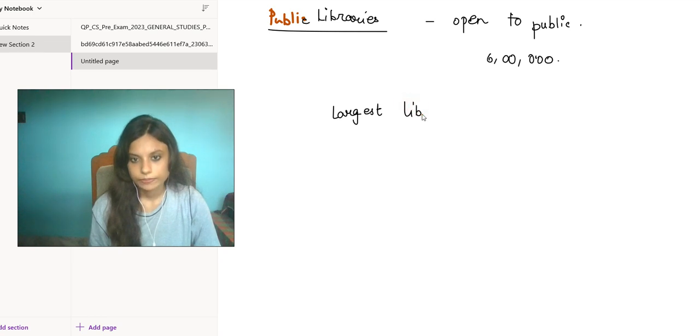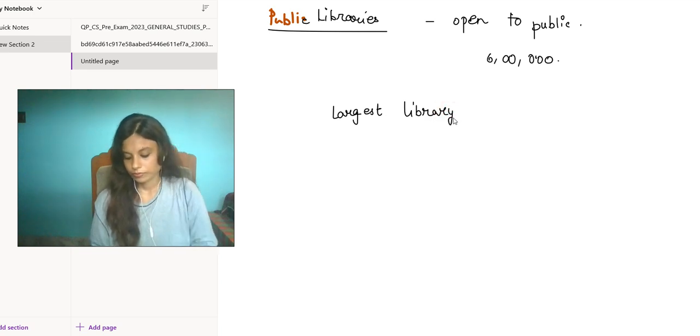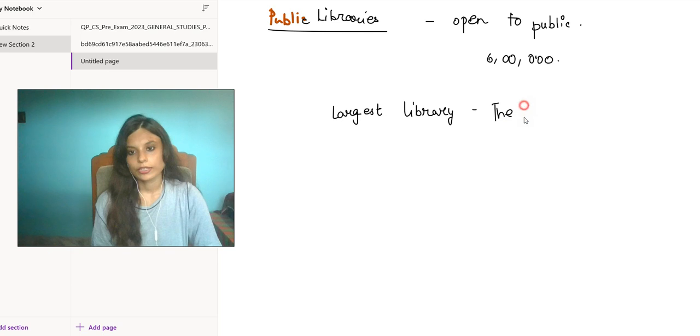Largest library, the National Library, which is in Kolkata.